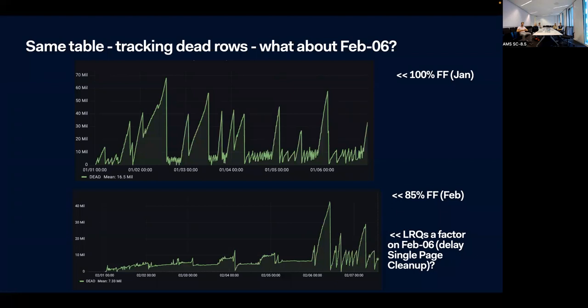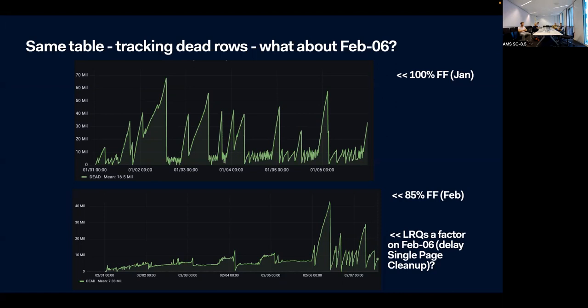So before we go into the other case, which is pretty exciting for us, let's just go back to what we did in January and February. What happened on February the 6th? Why did the 85% fill factor stop working so well? What we believe is that there are some very long-running transactions, possibly on other tables, somewhere in that database.